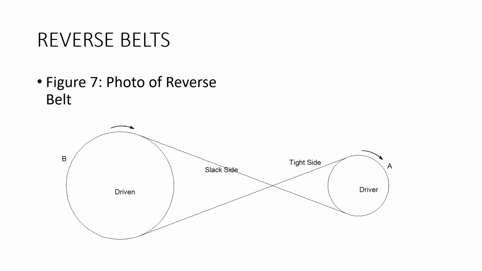If you want the driven pulley to change its direction of rotation, you put the belts in an X, a crossing arrangement, as shown in this diagram. So this is a reverse belt, because the driven pulley rotates in the reverse direction.